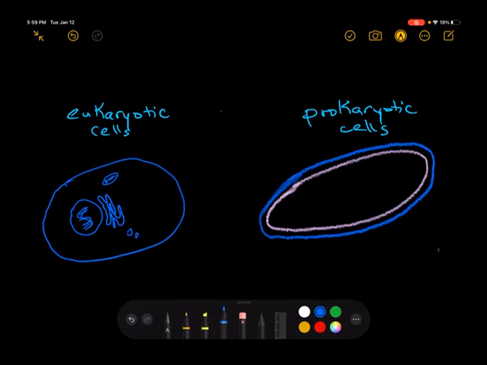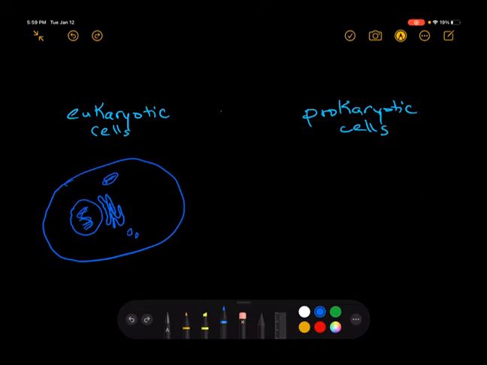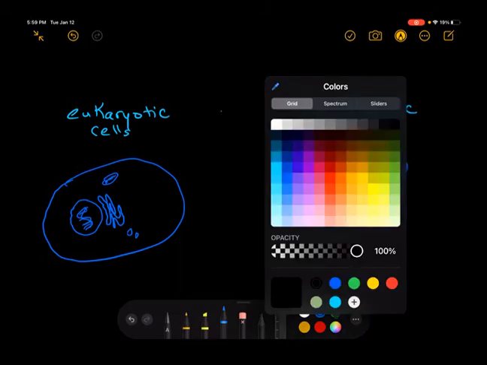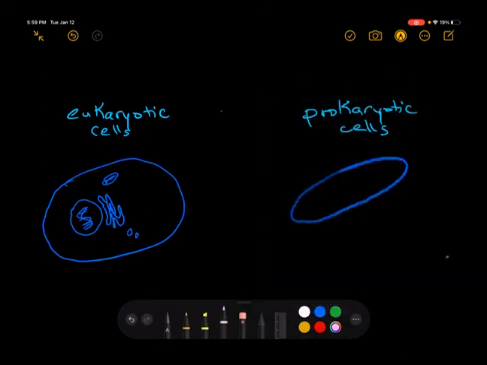Actually, I should have switched the colors there. Oh man, I'm gonna fail my kindergarten coloring test. Okay, so we have the cell membrane, same color as the eukaryotic cell, and then we are going to have the cell wall, which is not present in the eukaryotic cell, and that is on the outside of the cell membrane.